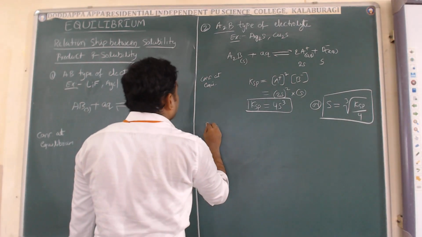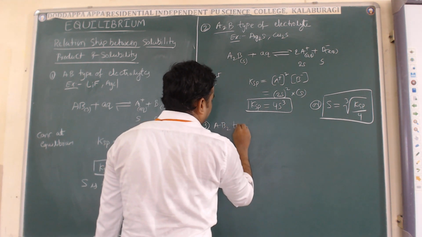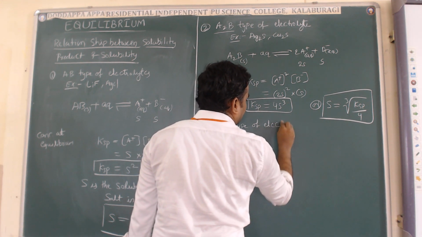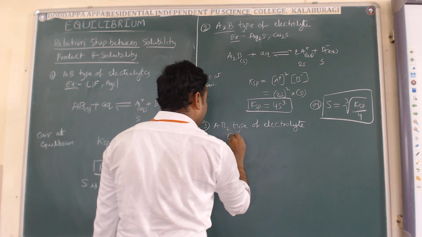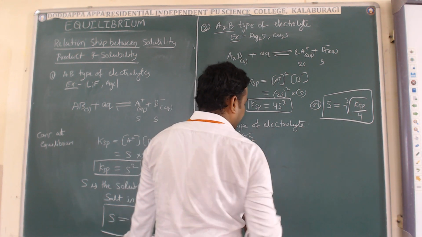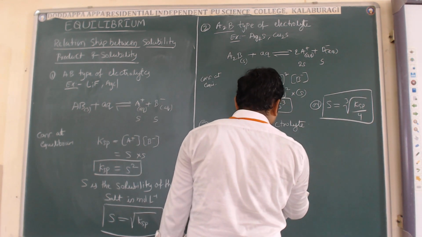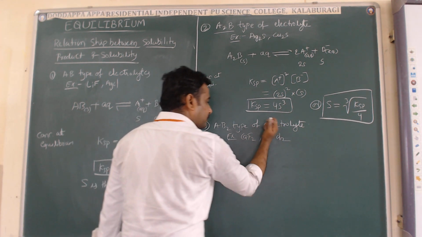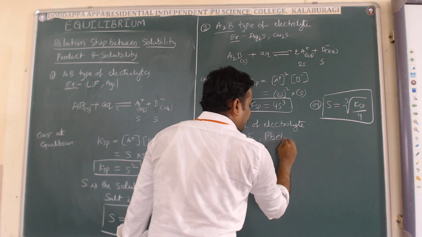Suppose you have the third example, the AB2 type of electrolyte. Examples of the AB2 type are CaF2, calcium chloride, and PbCl2.